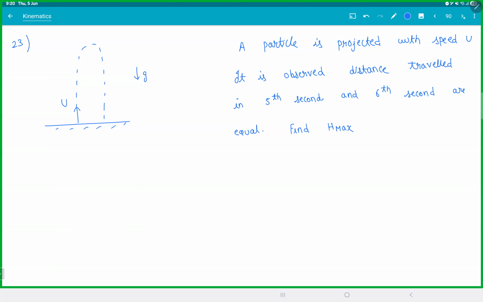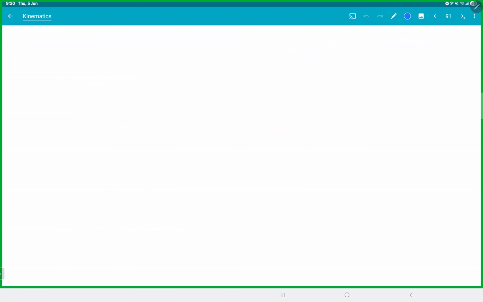Listen, see. Let's see what is happening in the picture. What is the fifth second? The fifth second is 4 to 5 and the sixth second is 5 to 6. Now, let's say we have two options. Let's say the particle is going up, and assume t is equal to 4 occurs here, t is equal to 5 occurs here and t is equal to 6 occurs here. So this is your fifth second, 4 to 5. This is your sixth second, 5 to 6.